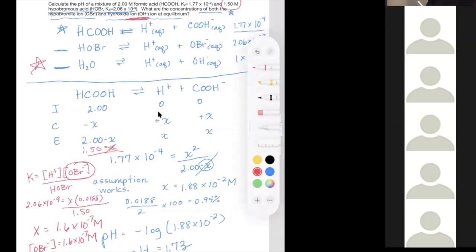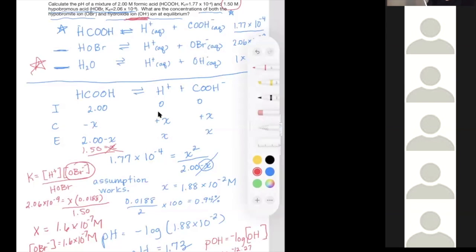And then remember, pOH equals the negative log of the OH concentration. So to calculate the hydroxide concentration from the pOH, you're going to take 10 to the negative 12.27.